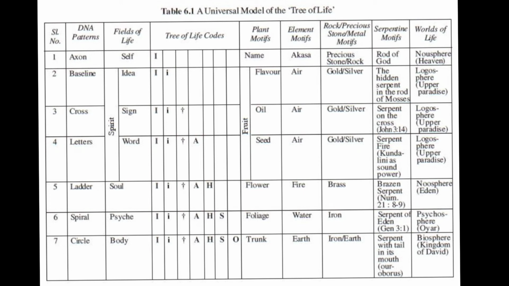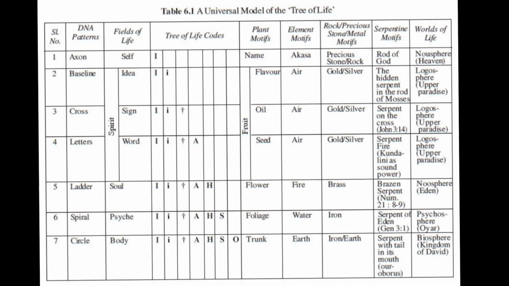Then the spirit, I have told you that it is a triple spirit. The triple spirit along with the I tree you have 4 trees for the spirit, 5 trees for the soul, that is capitalized small I plus a H. So it is called the S tree of the soul. 6 trees for the psyche, that is capitalized small I plus a HS, that is 6 trees with the S tree as the outermost tree.